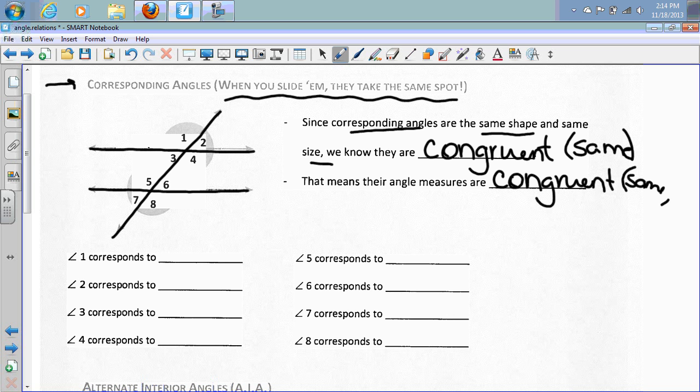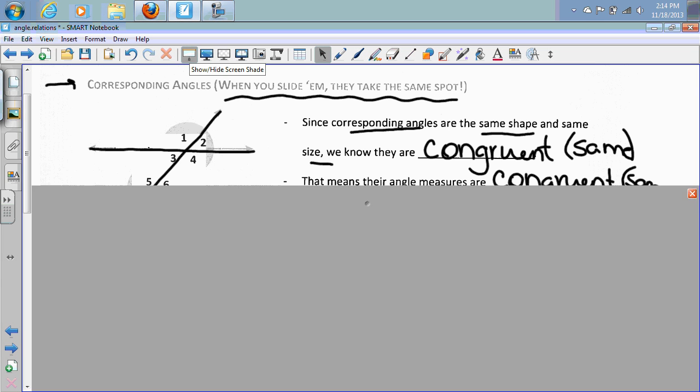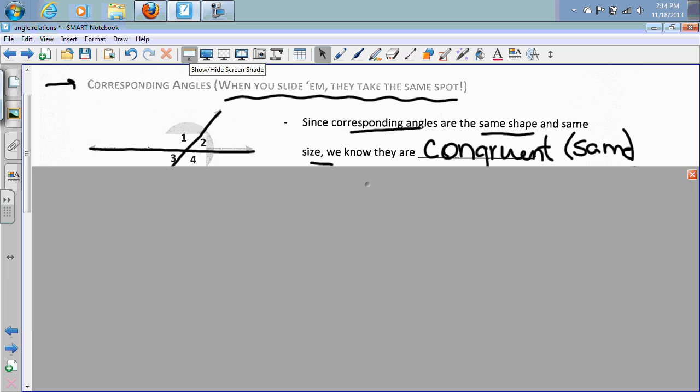Okay? So let's look here. Remember, when you slide them, they take the same spot. Here's what I want us to look at for a minute. What do you notice about the position of angle 1?